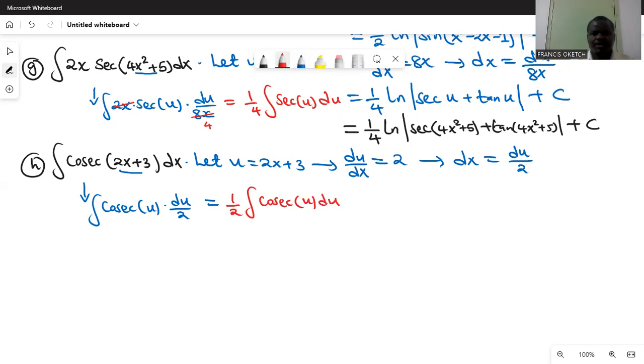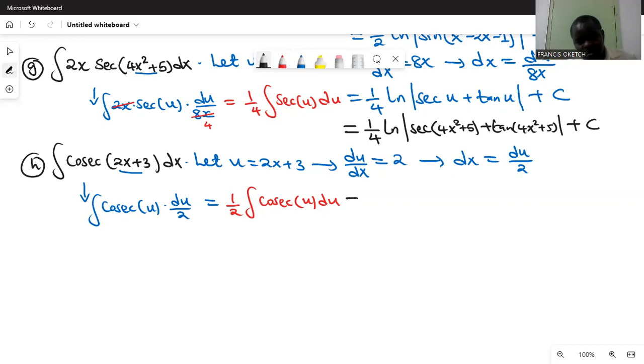So what do you get when you integrate cosec u? Recall from the previous lesson that the integral of cosec x is equal to negative ln of cosec x plus cot x. Now when you integrate cosec u, it will be negative ln of cosec u plus cot u.